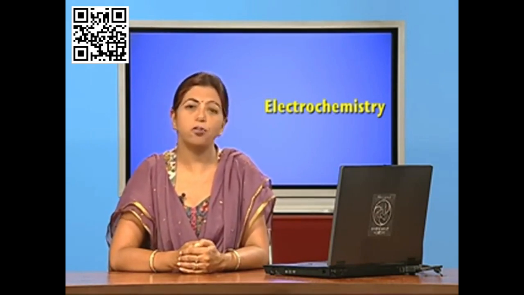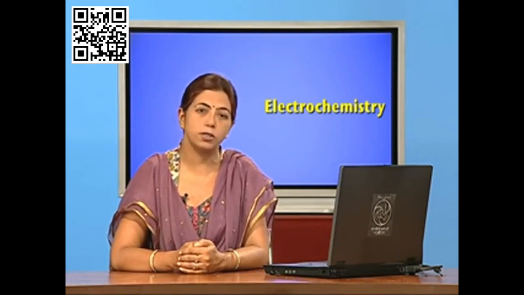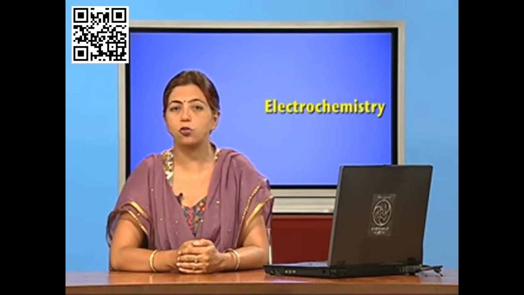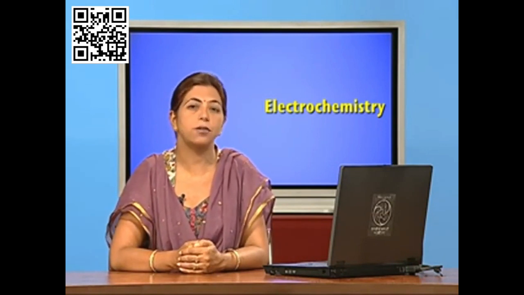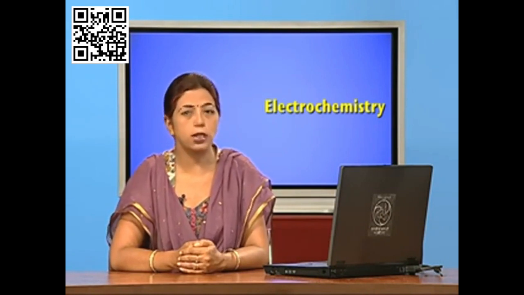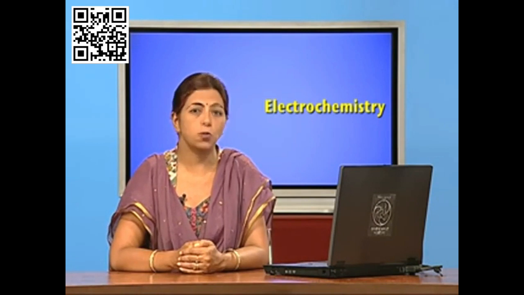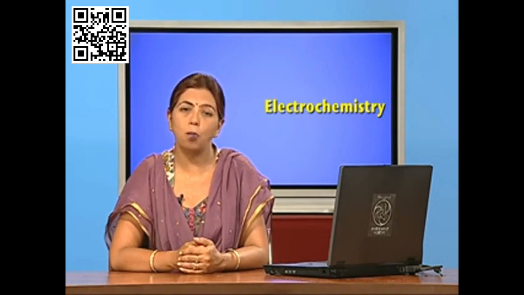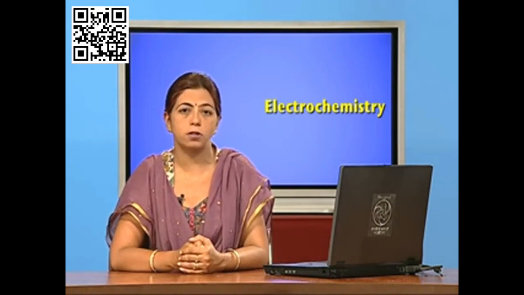There is no way for the electrons to pass from the zinc half cell or the oxidation half cell on to the copper half cell, or you can say the reduction half cell. We need to connect these 2 cells so that the 2 electrons which are lost by the zinc metal atom can pass to the copper ions so that they can gain those 2 electrons.